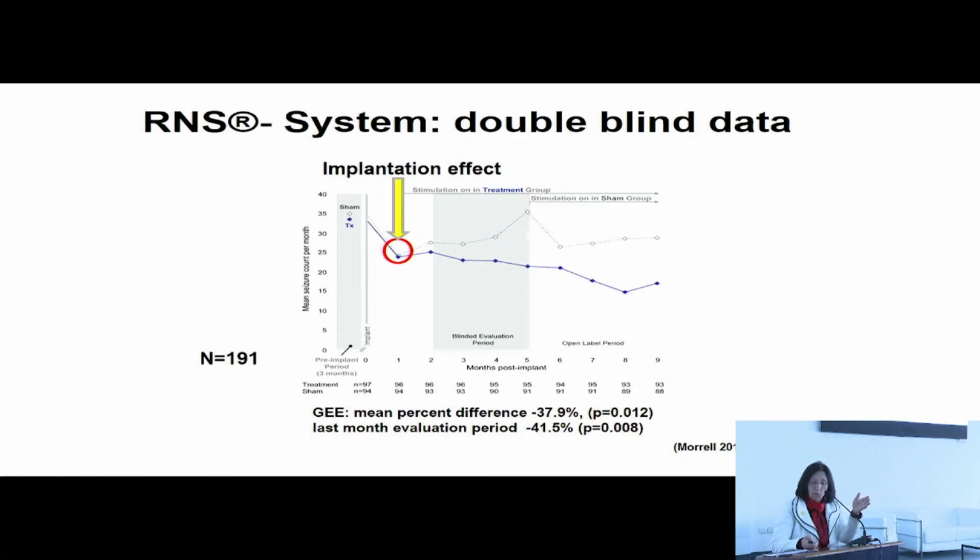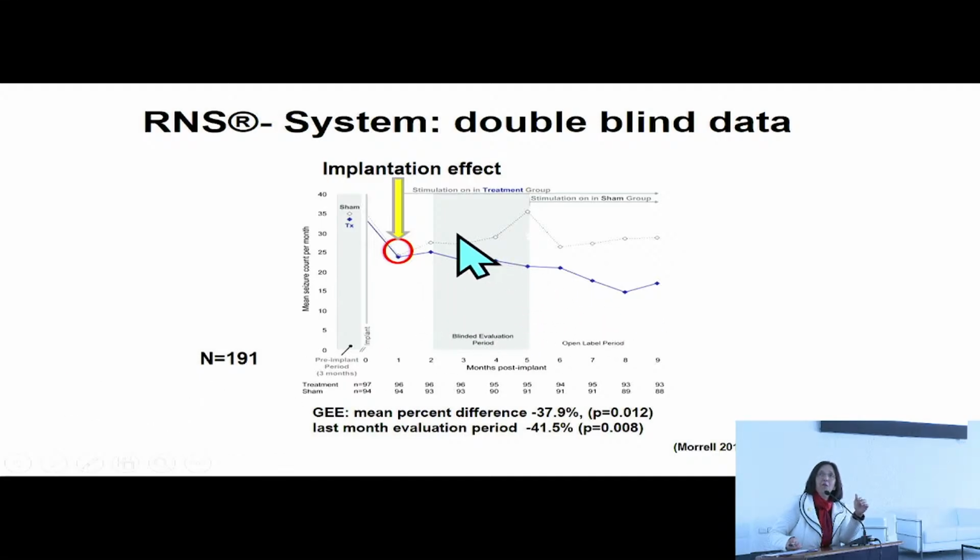Then one group we switched on, which is the blue group. The dotted group is the group that was not switched on, without the patient knowing. So during the trial, we had to pretend, so the patient doesn't know whether they're on or off. It was very complicated.